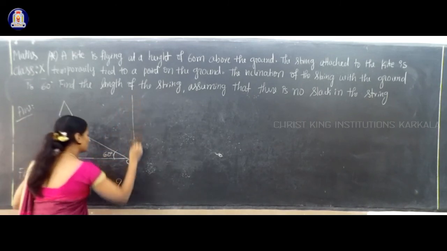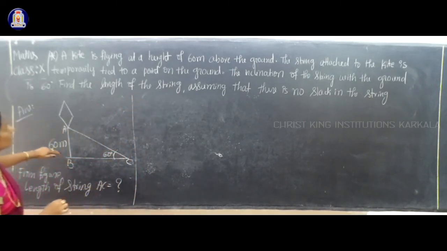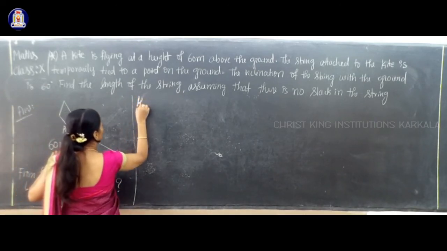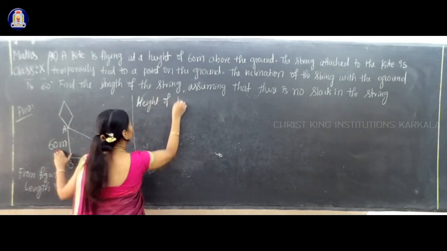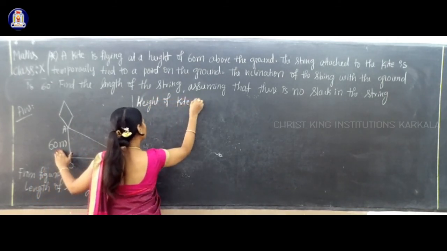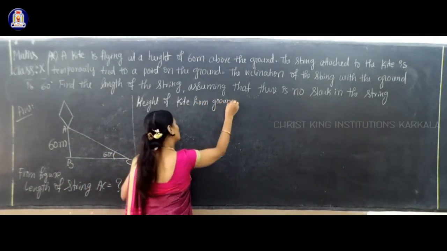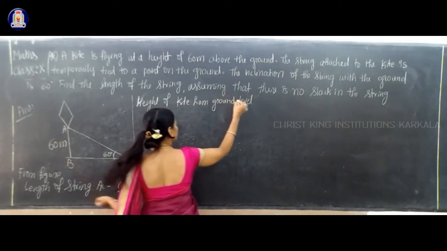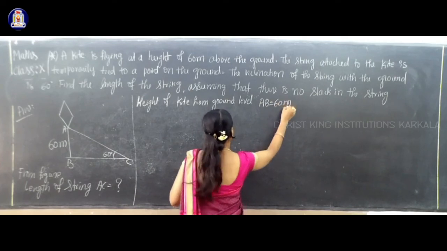Next, from the figure, the height of the kite from the ground level is AB. AB is equal to 60 meters.